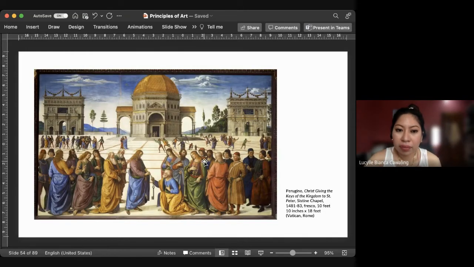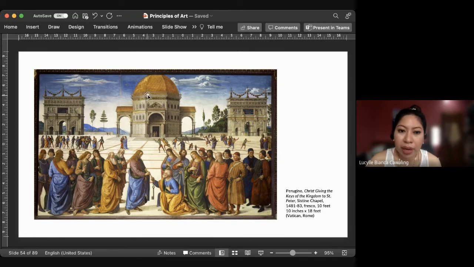And then this one naman, if you compare it here, the size or the scale of the figures in front is smaller than the background.